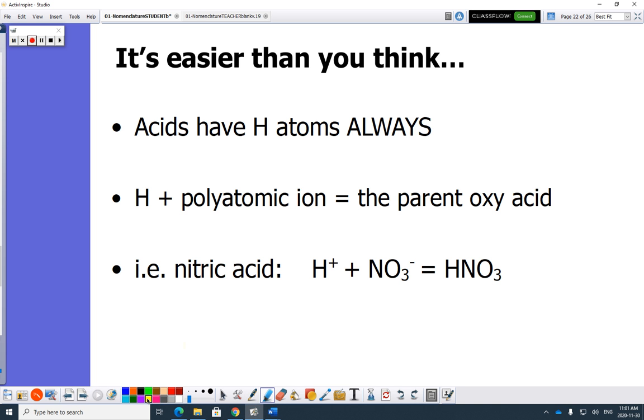So if you're a highlighter, this is a good thing to remember for the rest of your chemistry lives. Acids always have hydrogen. Remember I said pH, the power of the hydrogen atom. We're going to talk a little bit about bases. Bases can be a little bit different, but acids must have the hydrogen.